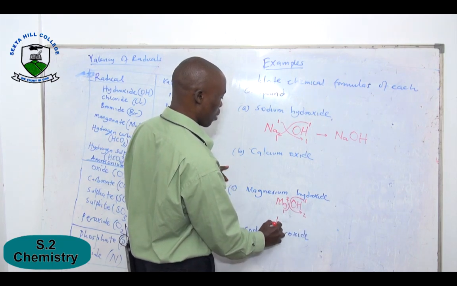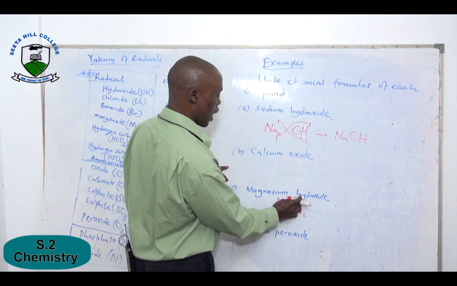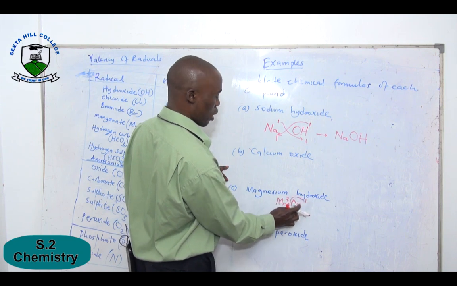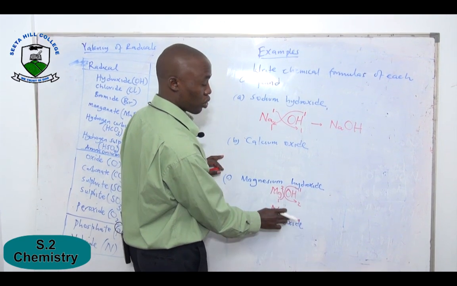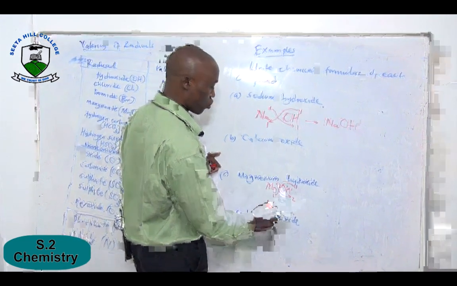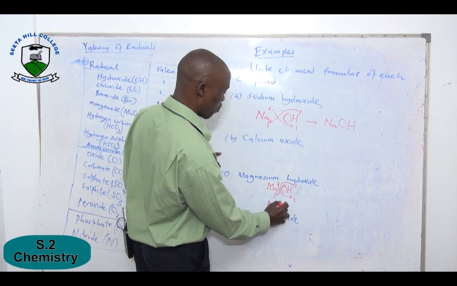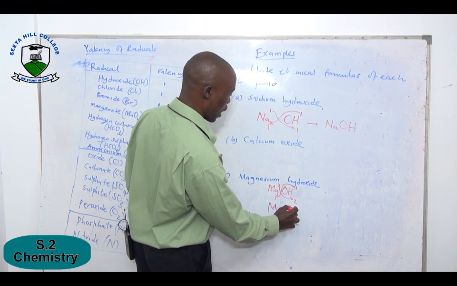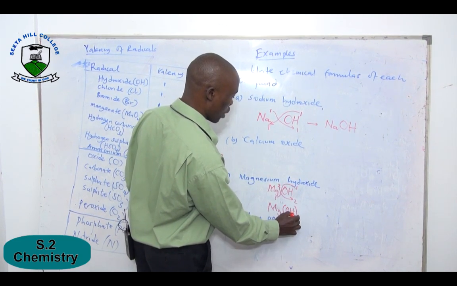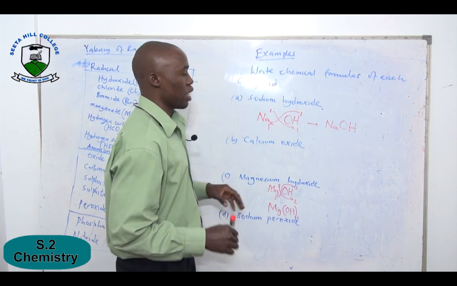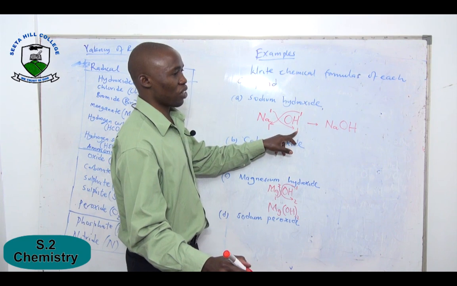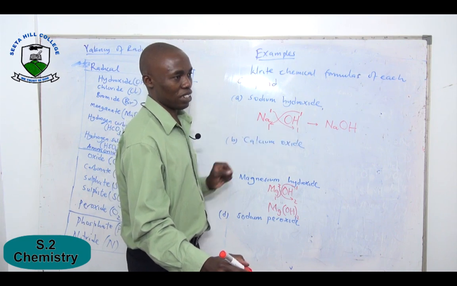Then it will become, now since these are two atoms of hydroxide, you have to put brackets. The valence is being given to both of them. Therefore you will open brackets. When there are more than one atom, you open the brackets. Here you couldn't open because one cannot affect anything.